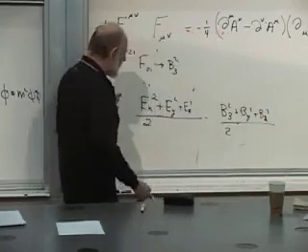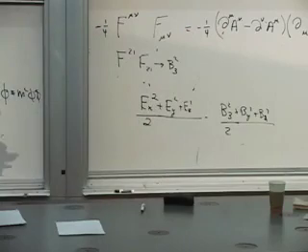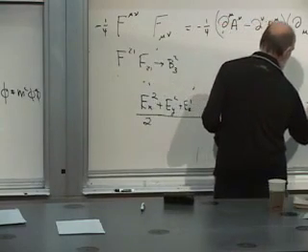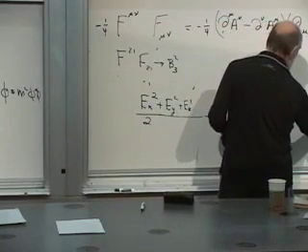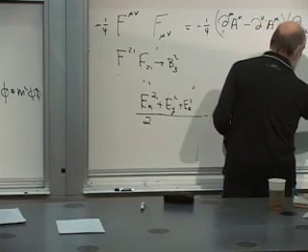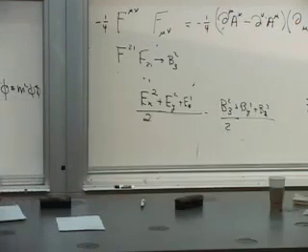The net upshot is the Lagrangian is simply one half of E squared minus B squared. One half the electric field squared minus the magnetic field squared.